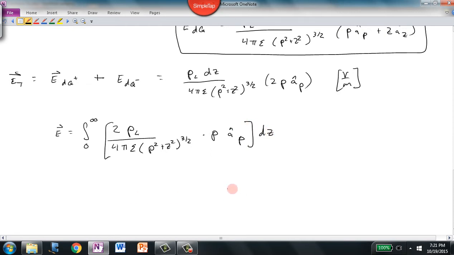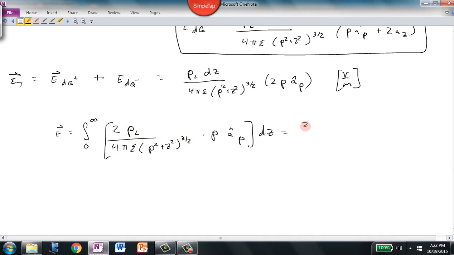So that's the integral that we now have to solve to calculate the total electric field due to these points along the infinite line charge. This actually isn't too bad. It looks like a really heinous integral, but it's actually not, because 2 rho sub L, 4 pi epsilon 0, rho, a hat rho, none of those depend on z, so they can all be pulled out of the integral.